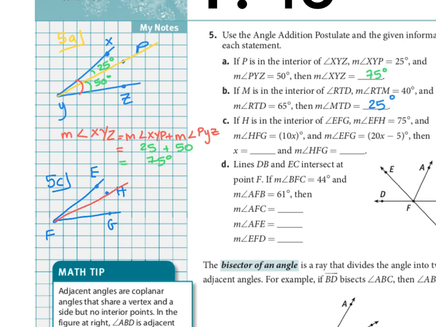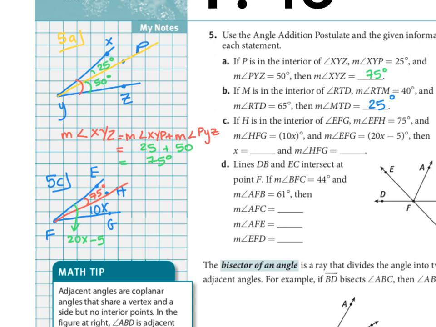So this is 75 degrees. So definitely these angles are not drawn to scale. And the measurement of HFG is 10x degrees. And the measurement of angle EFG, which is the whole thing, is given to be equal to 20x minus 5. So I'm asked to find x and then find the measurement of angle HFG.